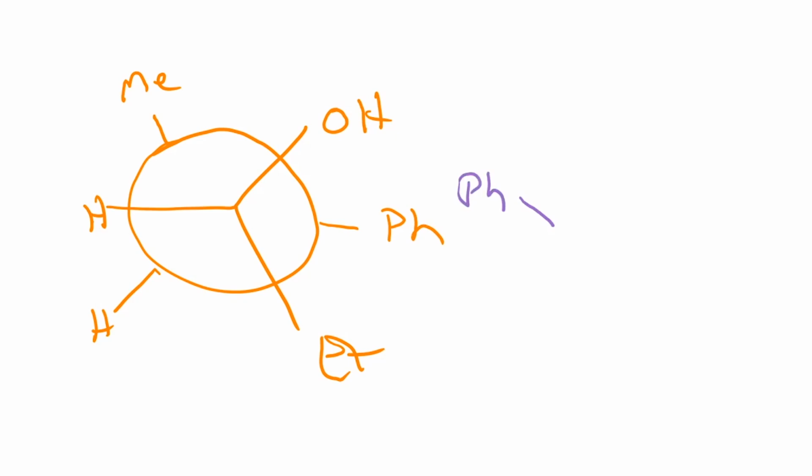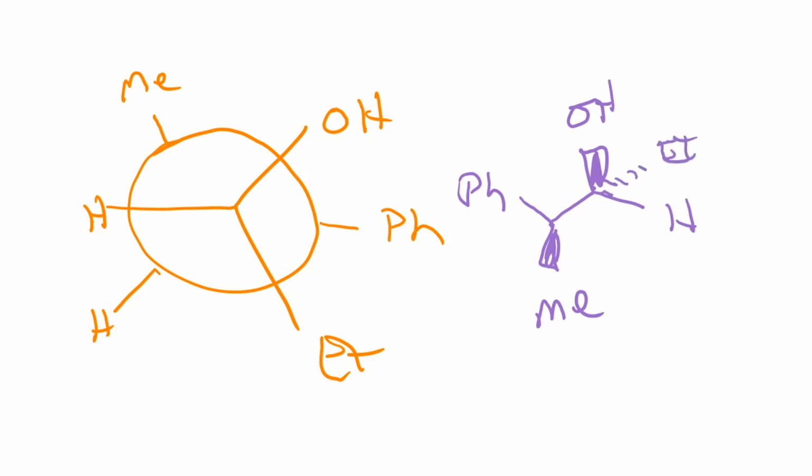Now if the phenyl ring is in the back, then the methyl is coming towards me and the hydrogen is going into the plane of the board. Then you have the hydroxyl group over here, and the ethyl group is going to be in the back. Okay, so this is the conformation or the product that we would expect.